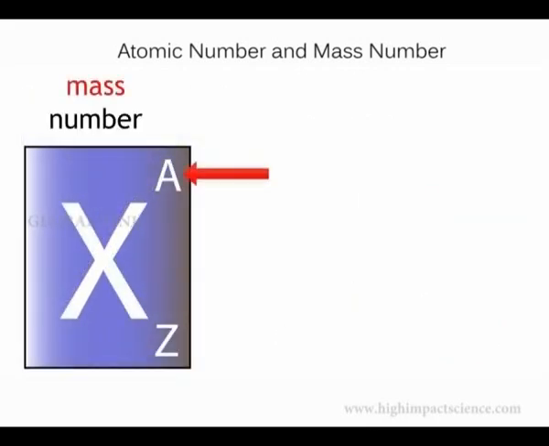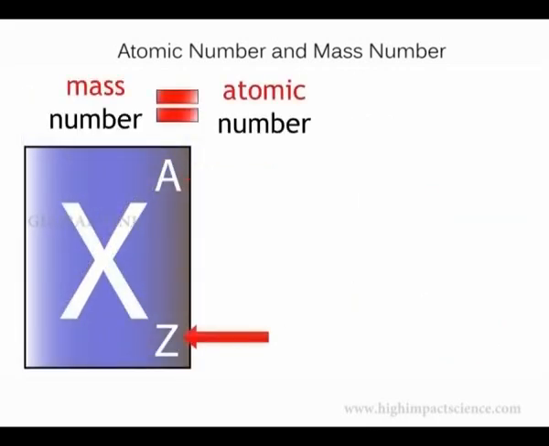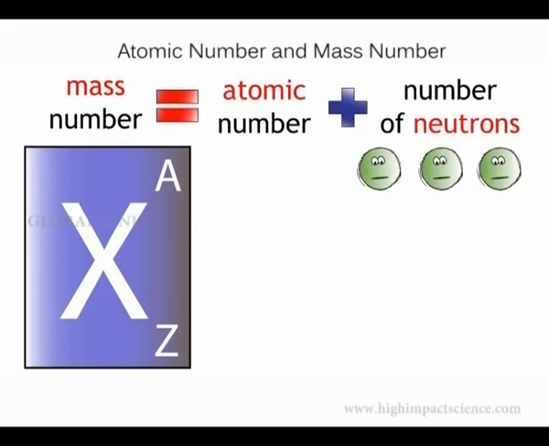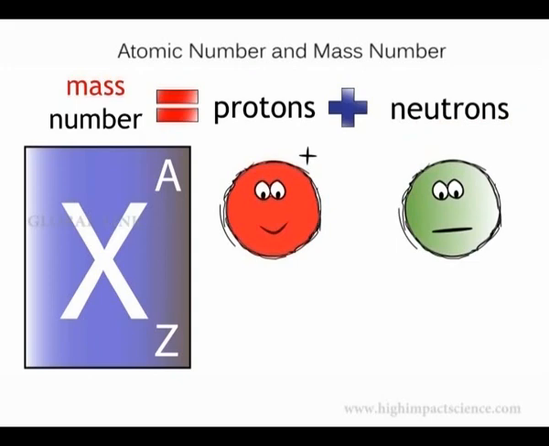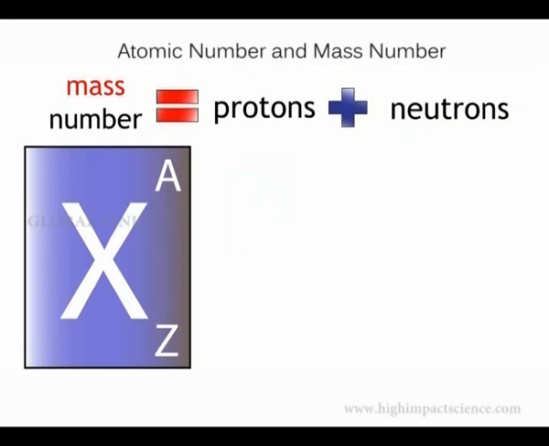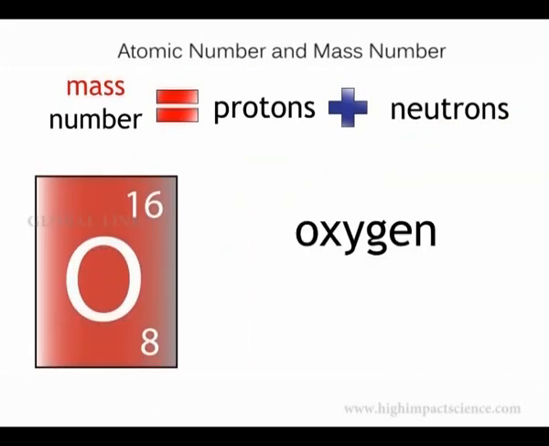The mass number is equal to atomic number plus the number of neutrons. The atomic number is just the number of protons. Therefore, mass number is equal to protons plus neutrons. If we take oxygen, it has mass number 16 and has an atomic number 8.